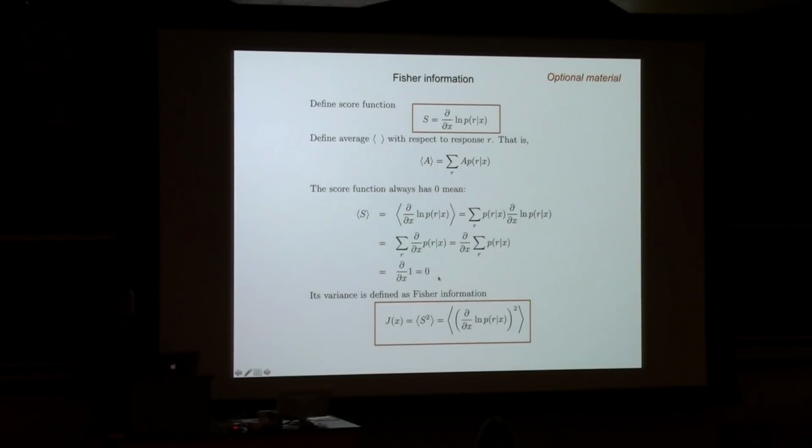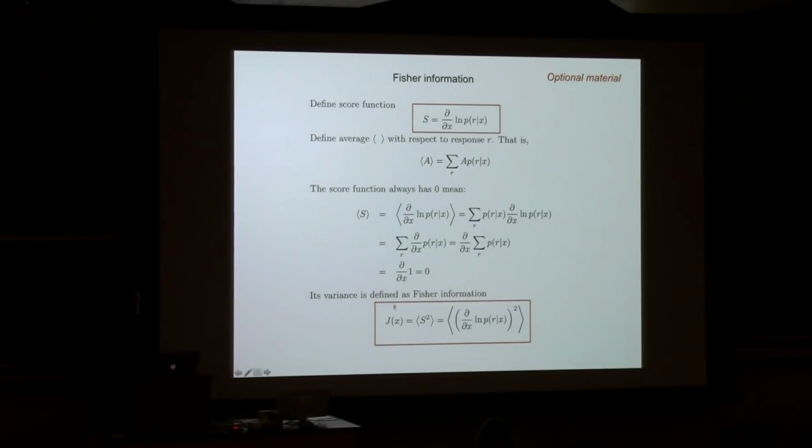The derivative of a constant is equal to 0. That's a bit of a clever trick, but it shows this function always averages to 0. First of all, you realize this is a random variable because it depends on a probability distribution.